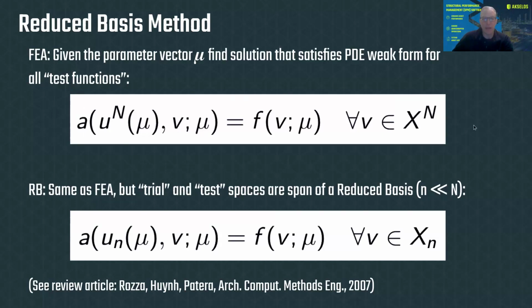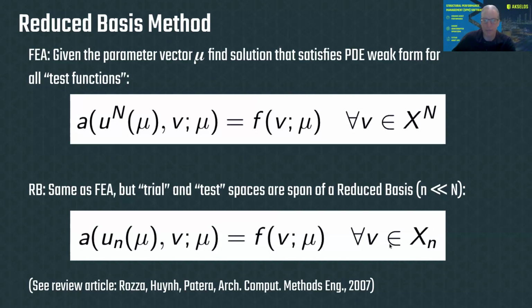Now, the reason I wrote that out is because down below is RB, reduced basis. You can see it's exactly the same as FEA. The only difference is the discrete space you're looking in is different. It's much lower dimension. But when I say reduced basis is based on FEA, this is what I mean. It's exactly the same formulation.